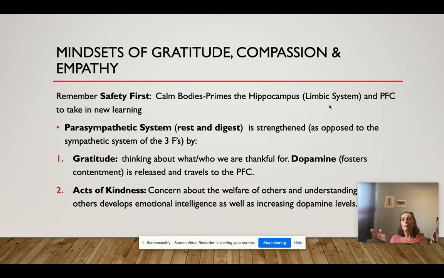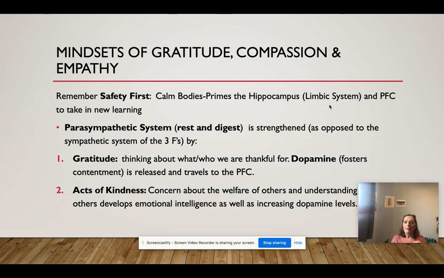Gratitude is thinking about what and who we are thankful for. So modeling that for our kids is great. I'm really thankful that you're here today. I'm really thankful that the sun is shining today. So we're going to try to foster that contentment. And when you do that, that dopamine is going to travel right up to that prefrontal cortex.